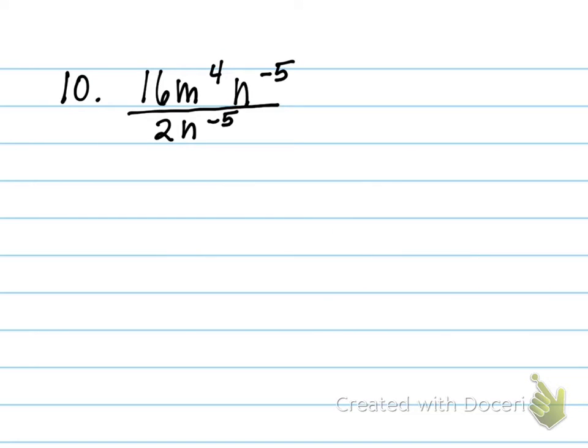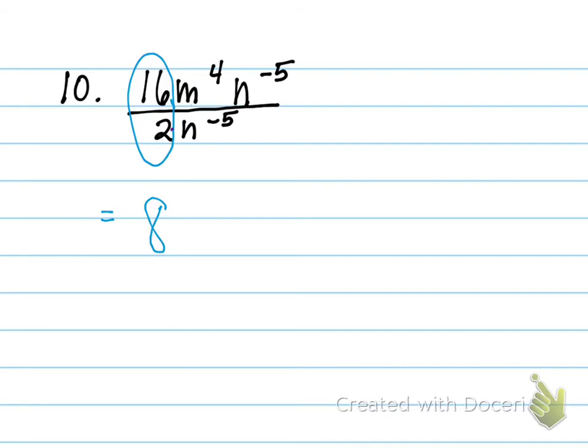Okay, one last example. So here I'm going to simplify the like terms. So I have a 16 and a 2 that go together. 16 over 2 can reduce to a positive 8. There are no m's that line up together.